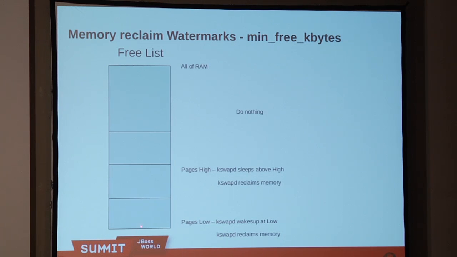Increasing this, by the way, not only raises this to a higher level, but it also increases the distance between each. So min-free Kbytes, high-low is this value right here. You specify how big you want it, but basically this is twice min and this is 3 times min. So these grow accordingly.